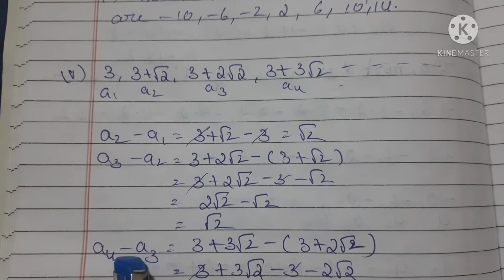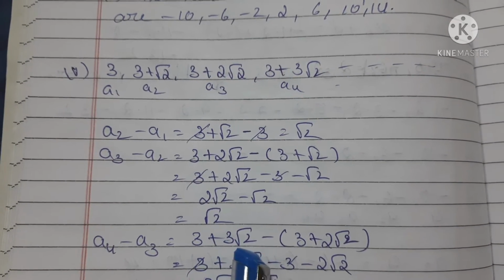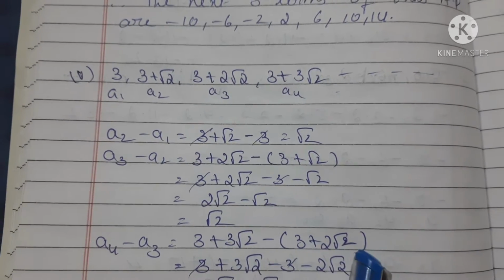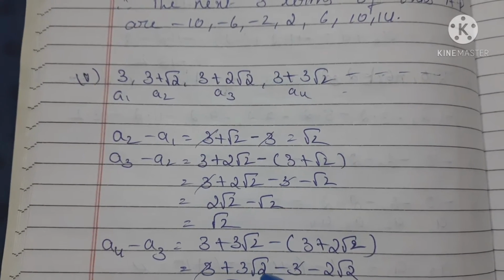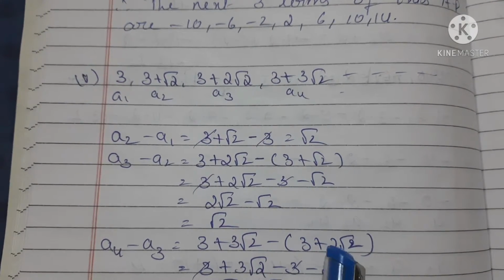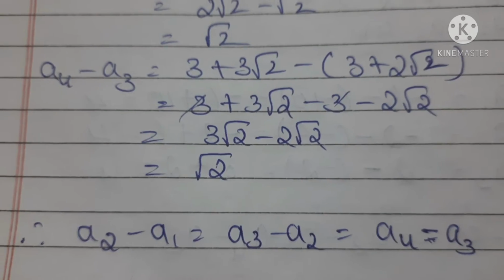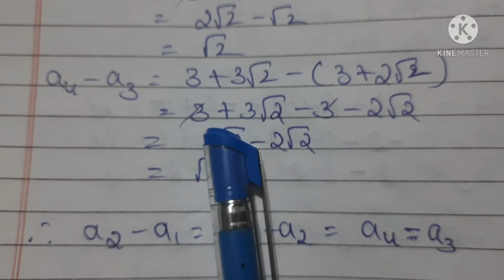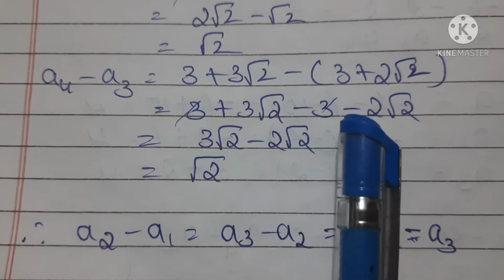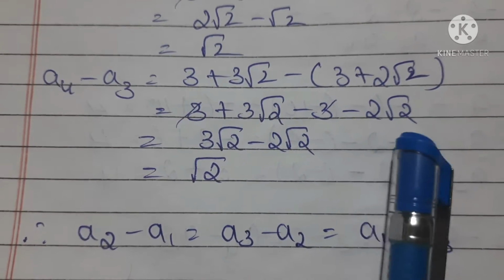Now a4 minus a3. a4 is 3 plus 3 root 2 minus a3, which is 3 plus 2 root 2. Now 3 plus 3 root 2, plus into minus minus 3, plus into minus minus 2 root 2.